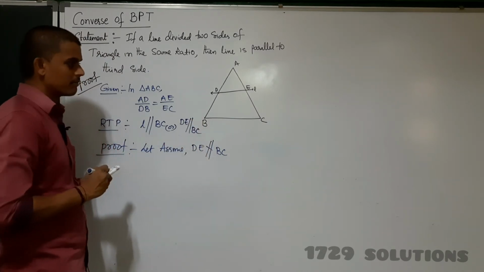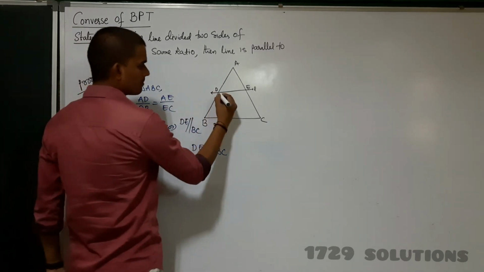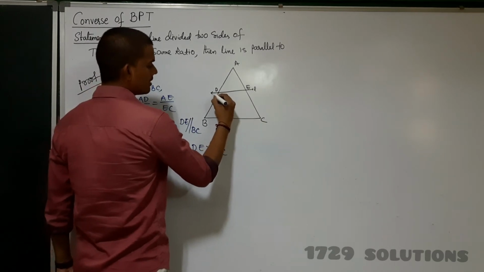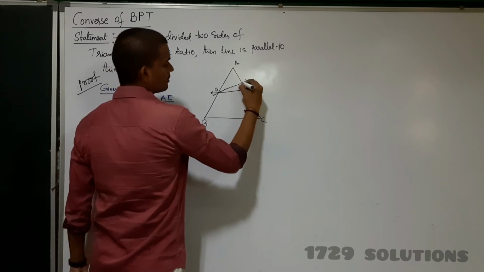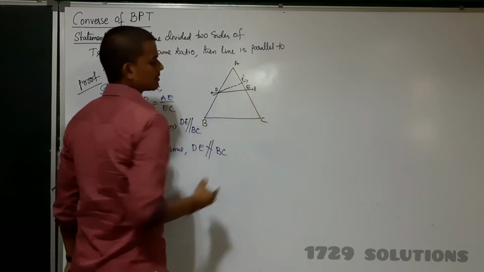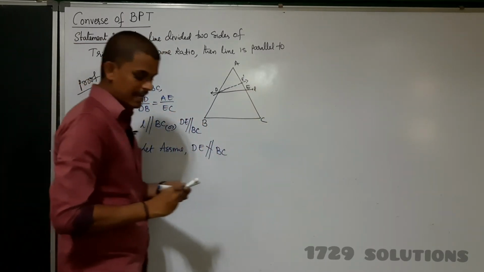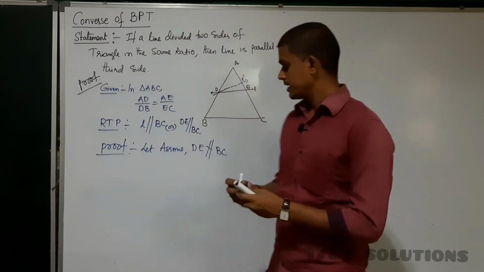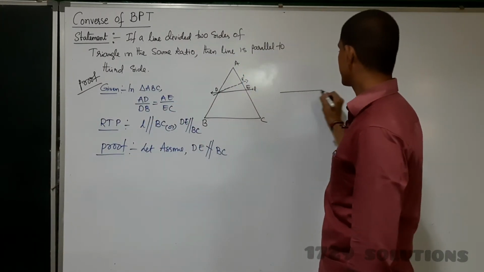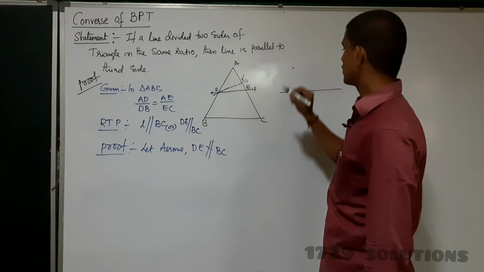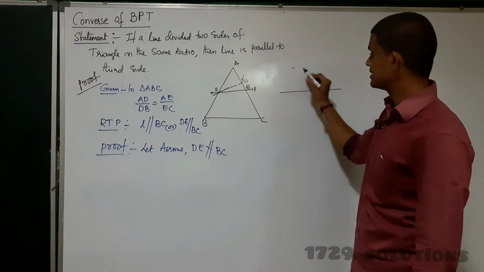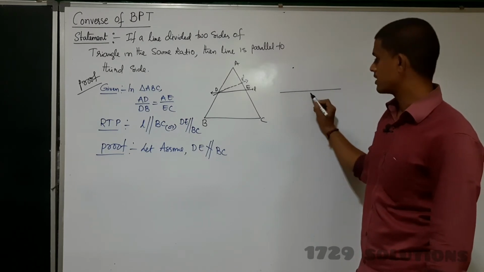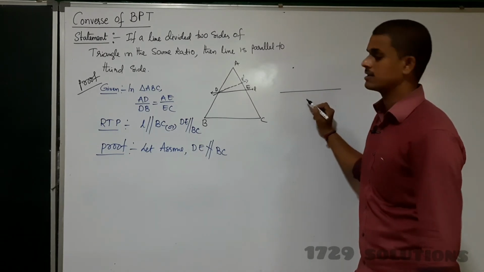So I am taking from D this point another line like this which is parallel to BC. Remember that is Euclid's axiom, we know very well. If there is a line and a point outside the line, from this point compulsory there is a line which is parallel to this, that is only one line.